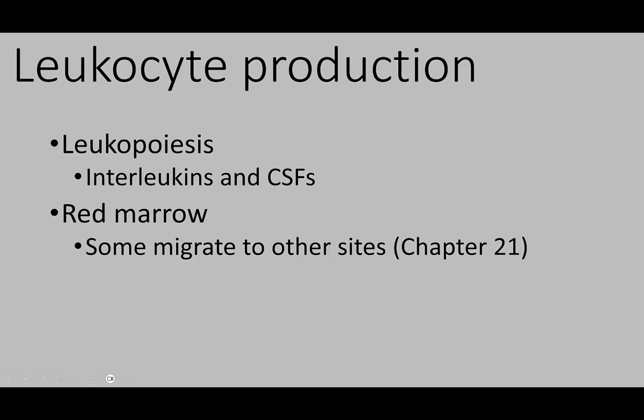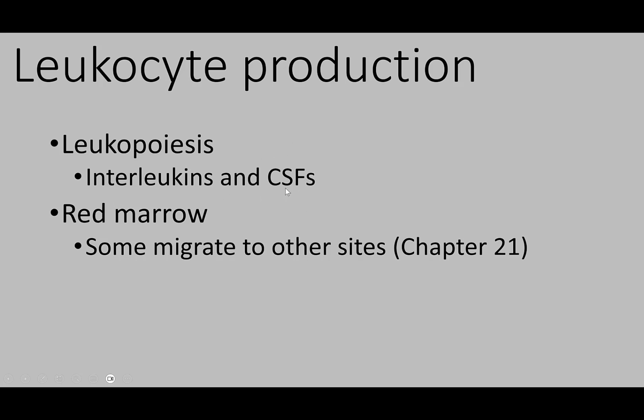Remember, erythropoiesis was directed by erythropoietin, EPO, from the kidneys. Leukopoiesis is stimulated by interleukins, which are chemicals released from some of the white blood cells, typically when there is some sort of foreign pathogen detected, and colony stimulating factors.